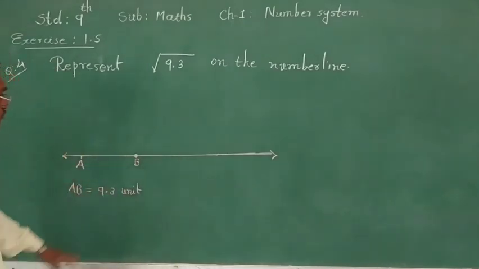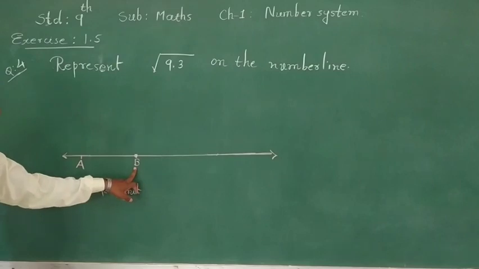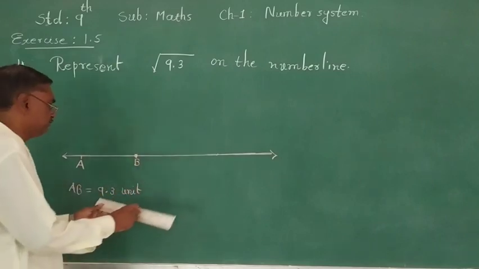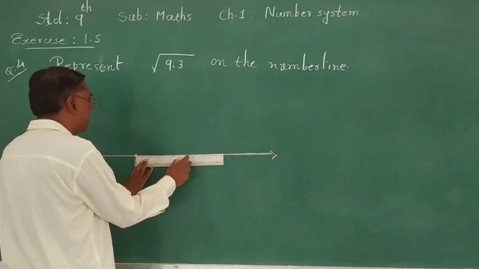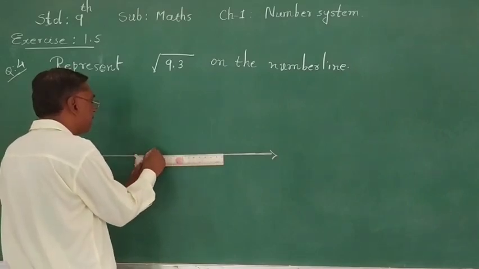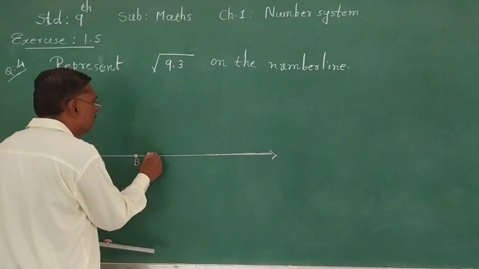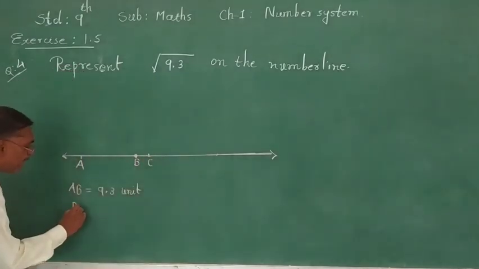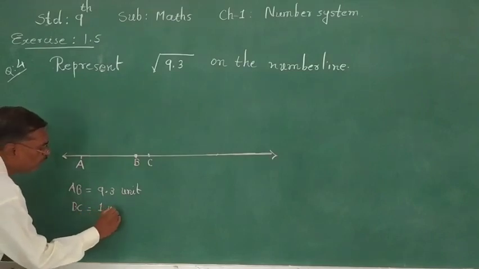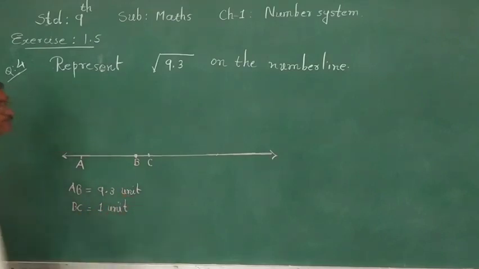Now from B take another 1 unit, one centimeter or 1 unit, that is C. BC equals 1 unit. Okay.